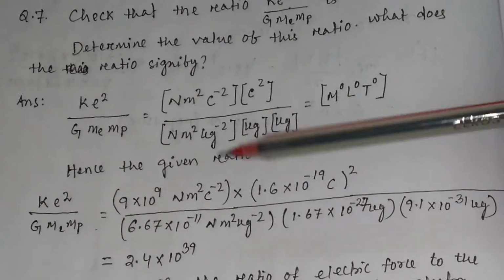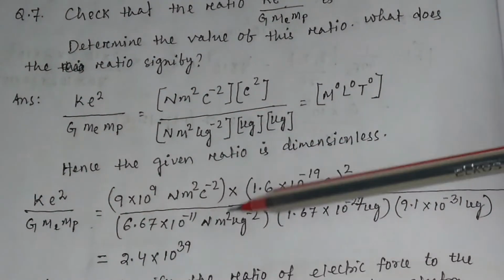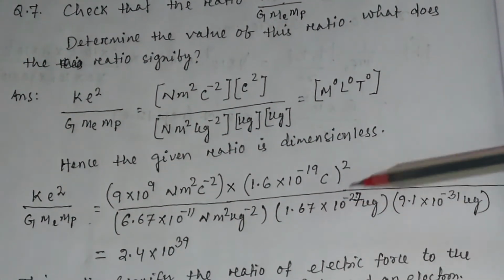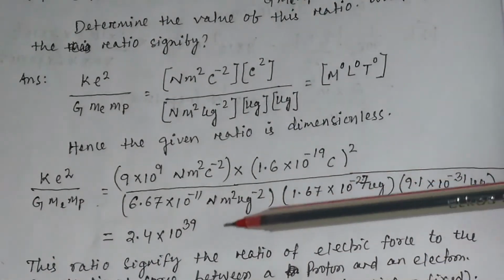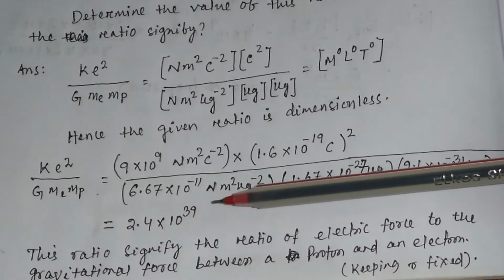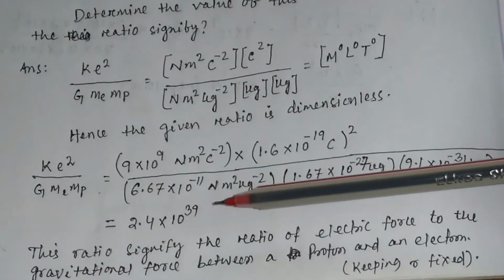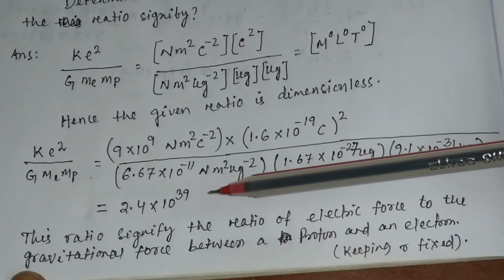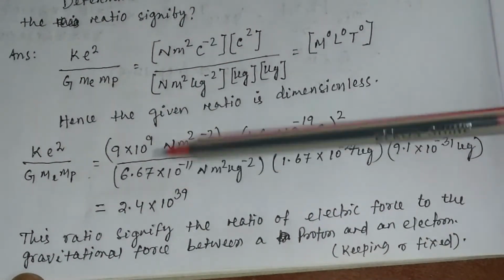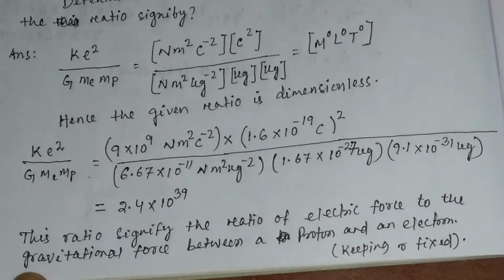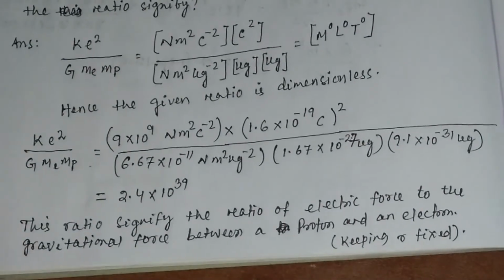And if you put these values of k, e, G, me and mp, then it will be equal to 2.4 into 10 to the power 39. Remember, 2.4 into 10 to the power 39. And we have deduced it in equation 1.